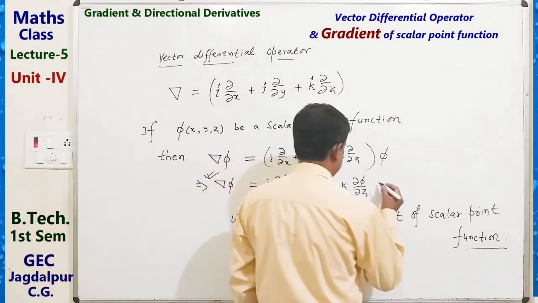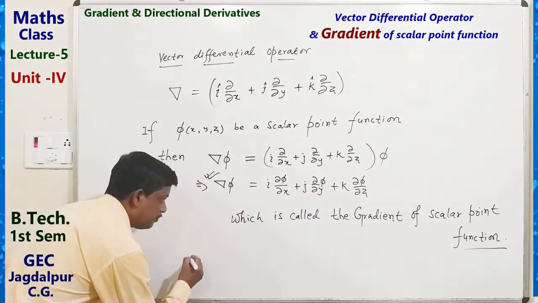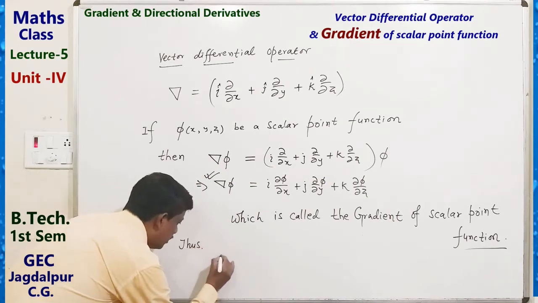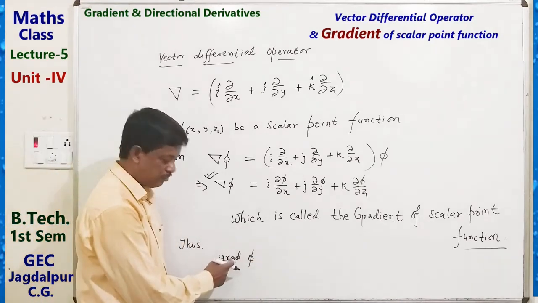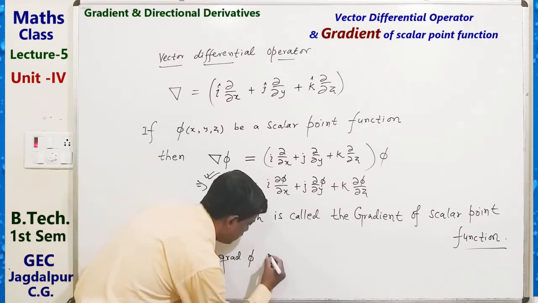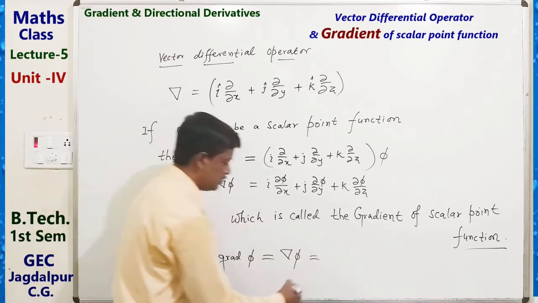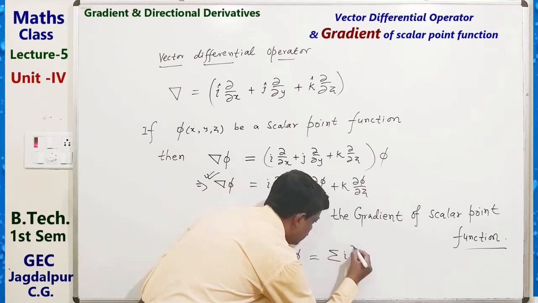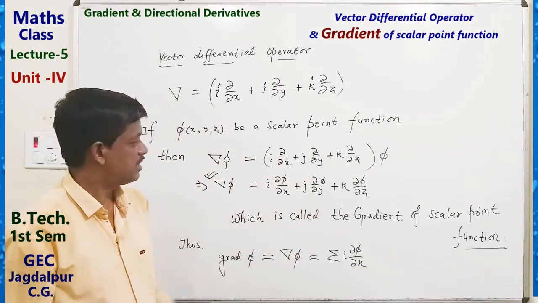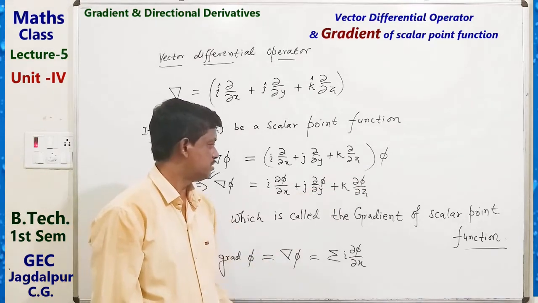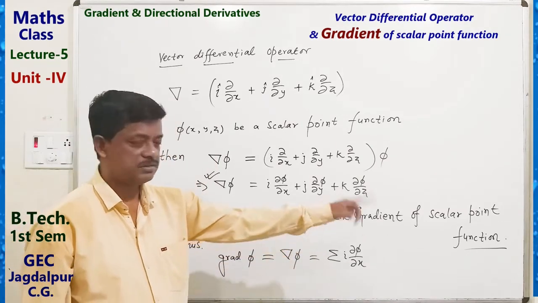Also, we can write this notation of gradient of a scalar valued function: grad phi equals del phi equals i del phi/del x plus j del phi/del y plus k del phi/del z.